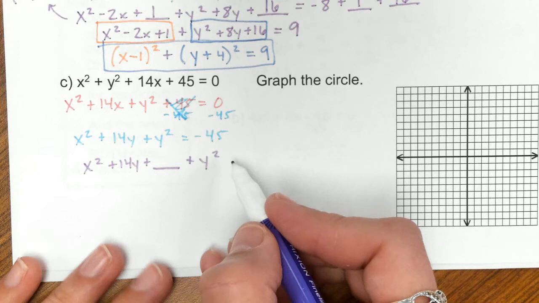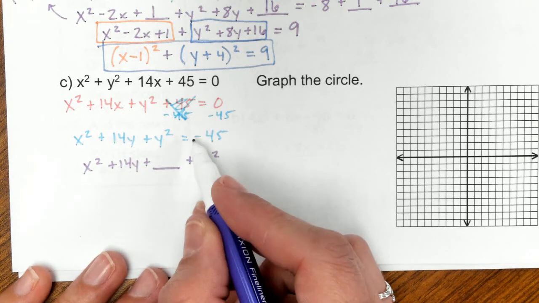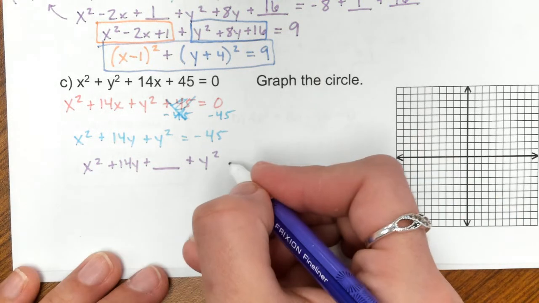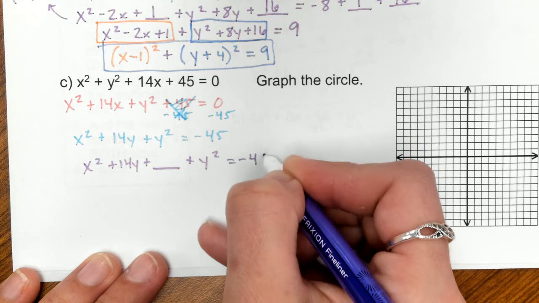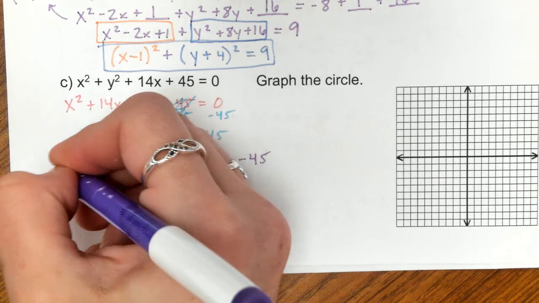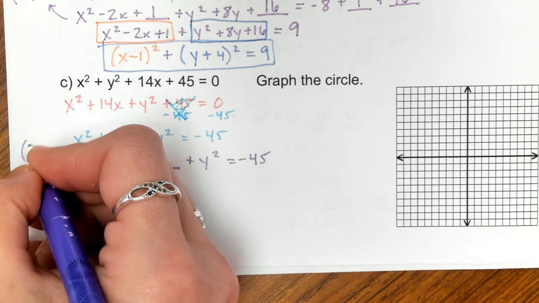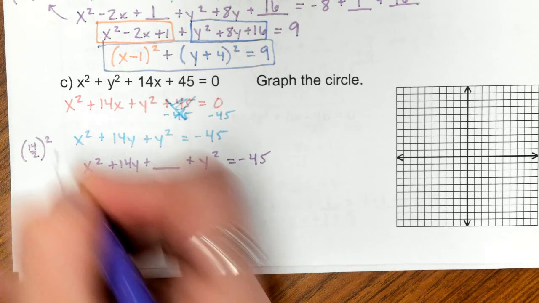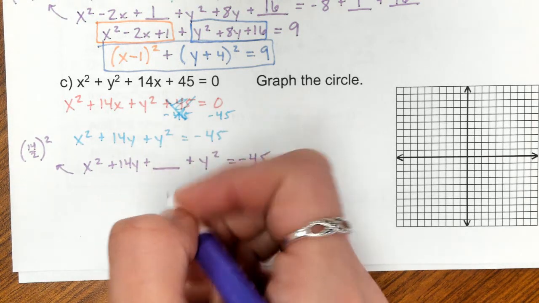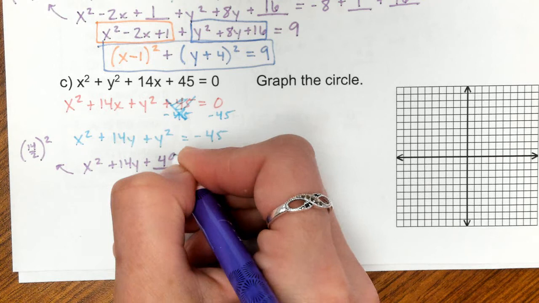So we're done with y. When there's only y squared, there's nothing to add or subtract here, so we just go straight to equals negative 45. Over here we look at b, 14. 14 divided by 2 is 7, and 7 squared gives us 49.